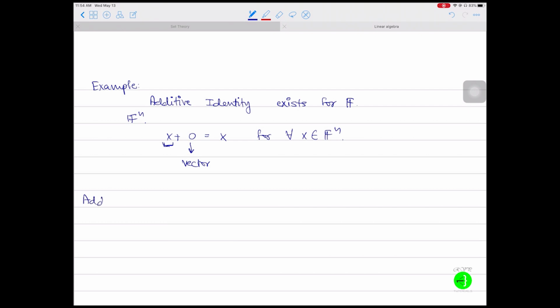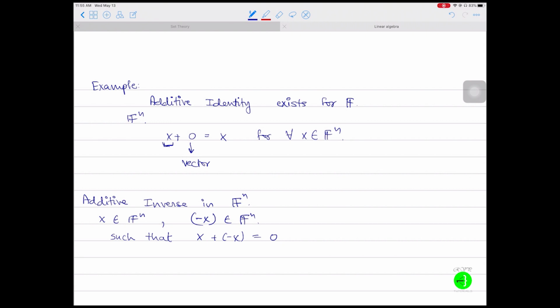Since we talked about additive identity, we will also talk about the additive inverse in Fn. So for all x belonging to Fn, there exists a number minus x also in Fn, such that the sum of x with its additive inverse is 0.